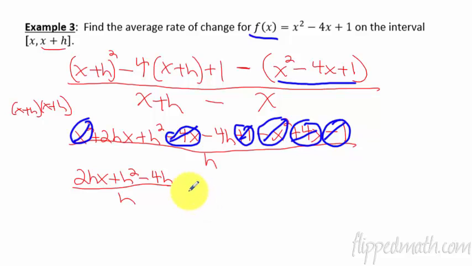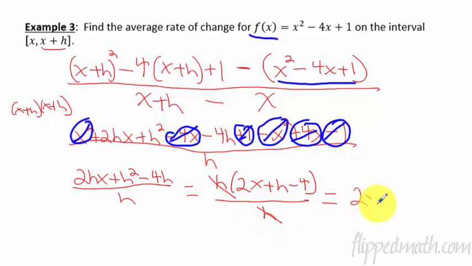If you do this right, you're going to have a bunch of h's here that you could factor out. So I'm going to say that this is now equal to factor out an h, and you're left with 2x plus h minus 4 all over h. Cancel, cancel, final answer, 2x plus h minus 4.